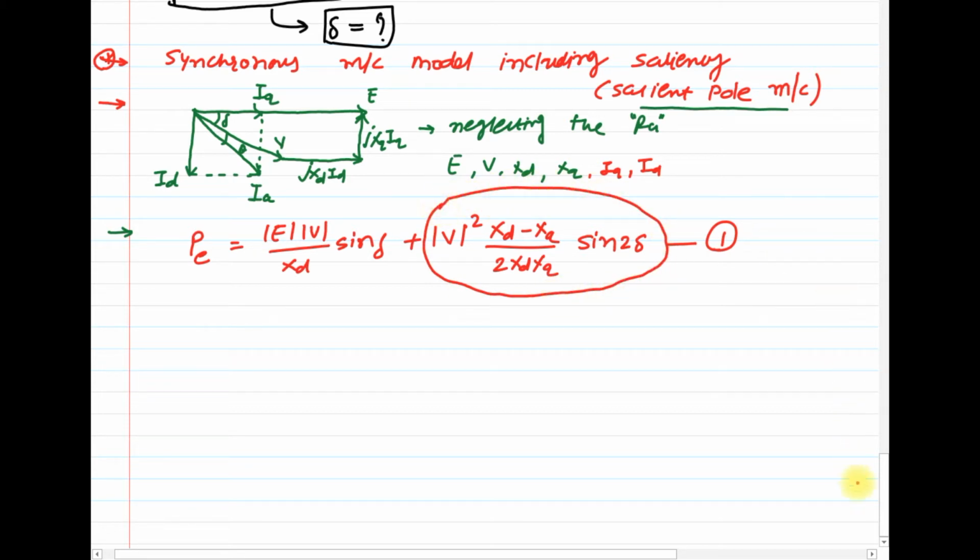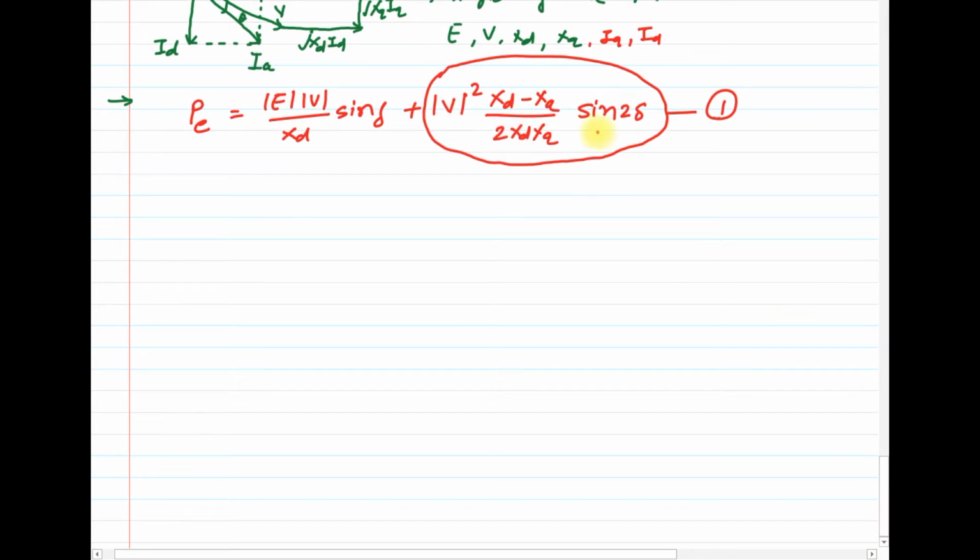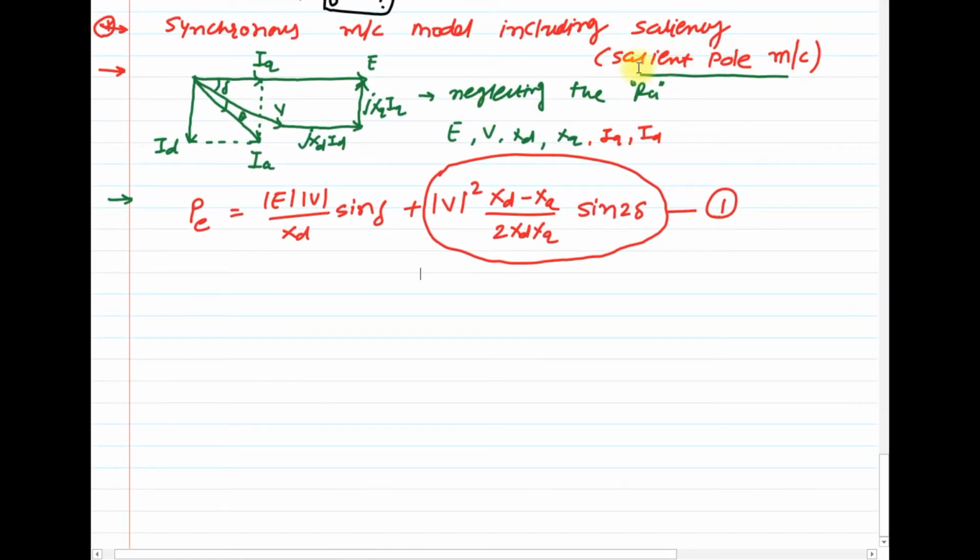Just recall the machine modeling where you derived the power generated by the synchronous machine with the effect of saliency. One more question for you: explain the difference between a salient pole machine and a cylindrical rotor machine, construction wise and application wise.